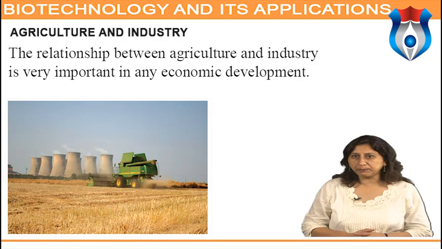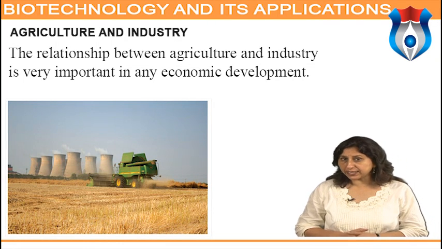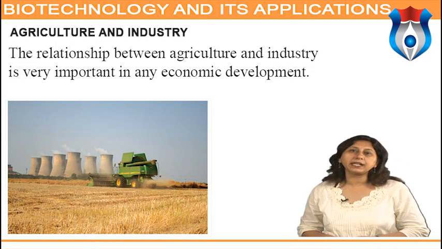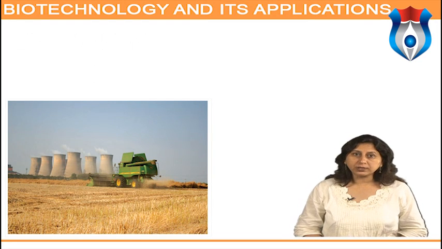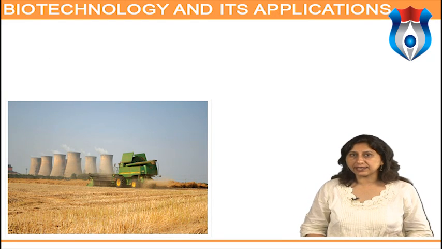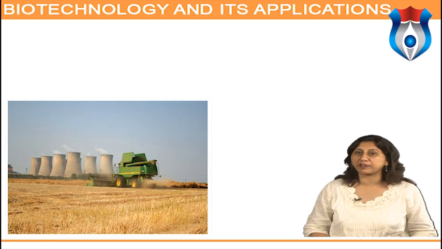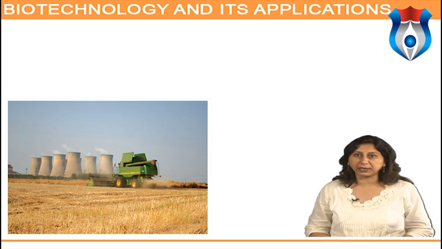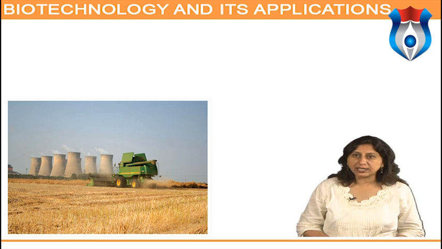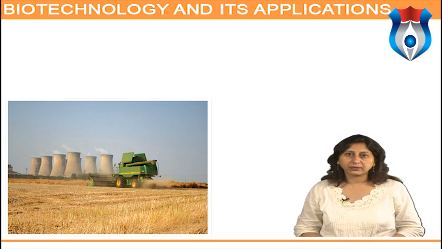The relationship between agriculture and industry is very important in any economic development. The rise in the demand for food and in agricultural prices have stimulated the development of agriculture, its capacity to increase its purchases from industry, and its deliveries of products to the market.